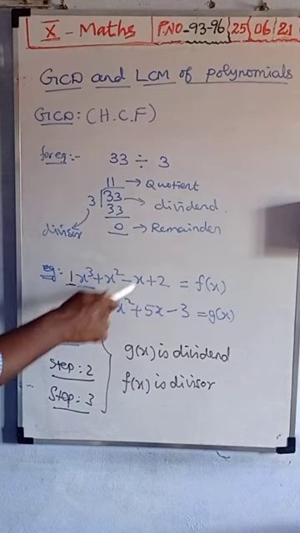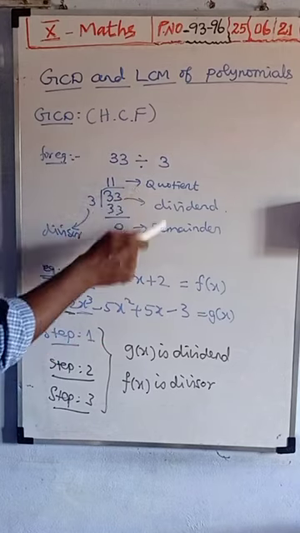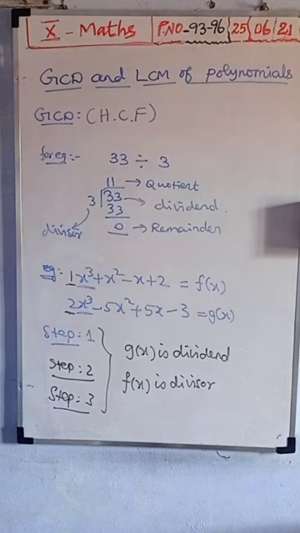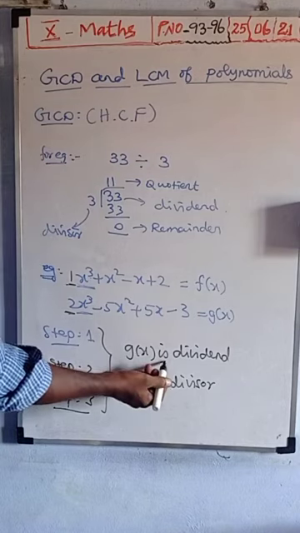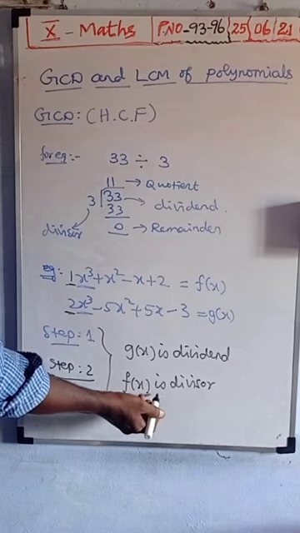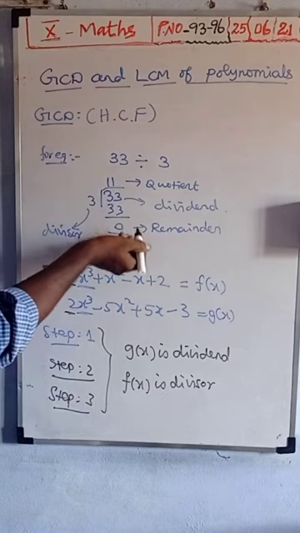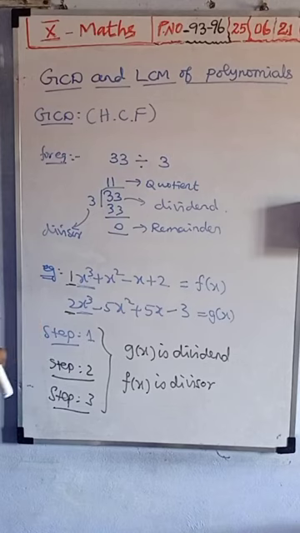When we divide, we get a quotient and remainder at the same time. First we decided which is the divisor and which is the dividend, then we divide this dividend by this divisor and receive a quotient and a remainder. Then we will get the GCD.